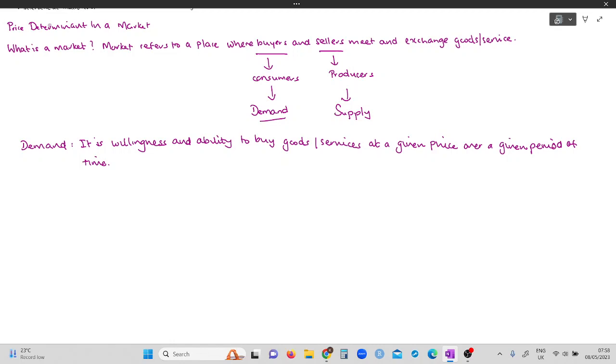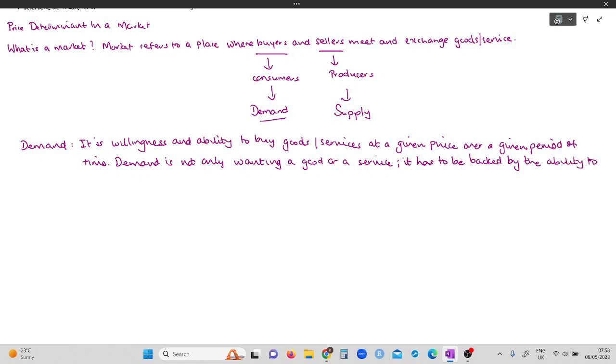Okay, donc demand is not only wanting a good. I just want a good, I am unable to pay for it. So demand is not only wanting a good or a service, but I have to be able to pay also. It has to be backed by the ability to pay also.